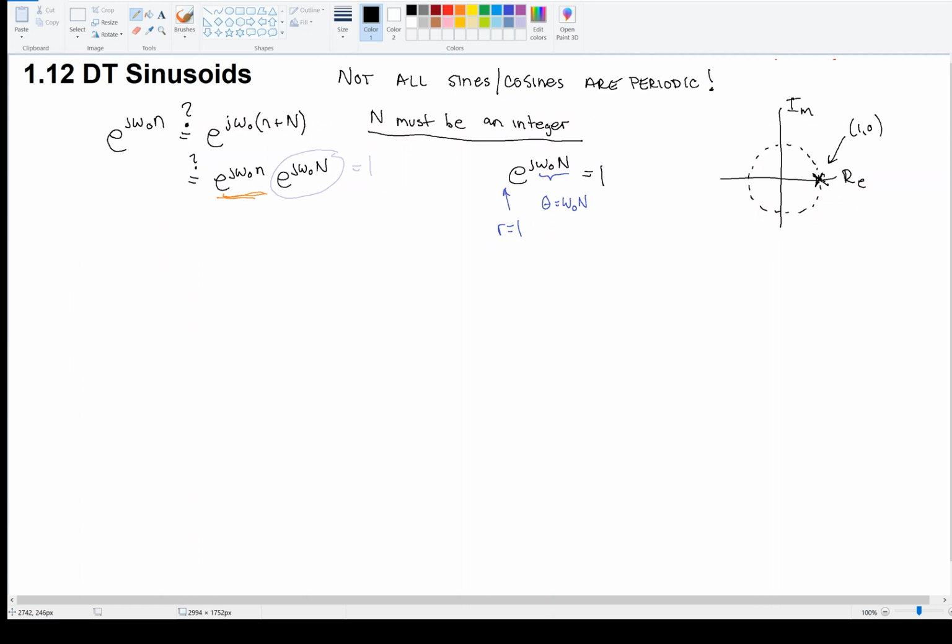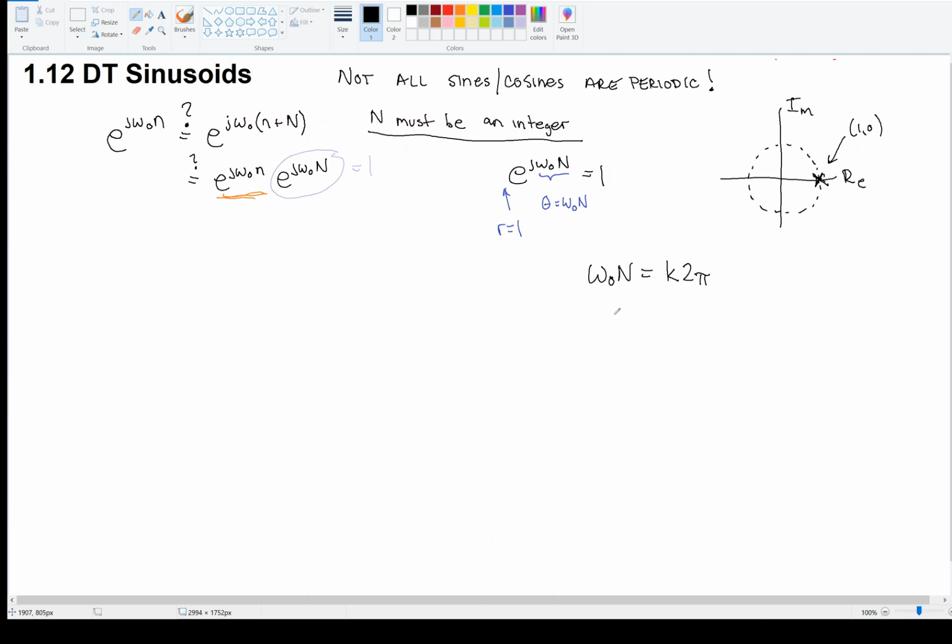1. So I need the angle, omega 0 N, to be some multiple, k an integer, of 2 pi. If omega 0 capital N is some multiple of 2 pi, then this thing is equal to 1, and my signal is periodic.